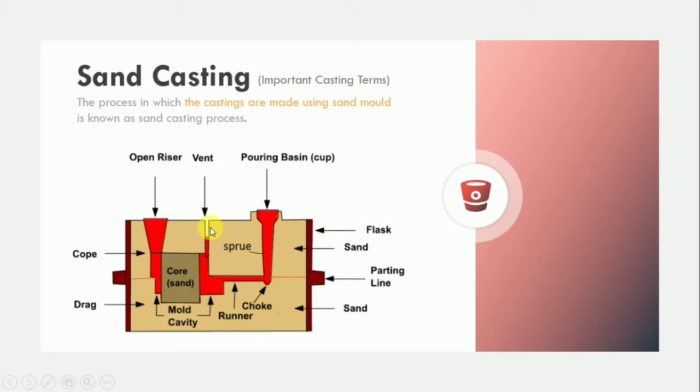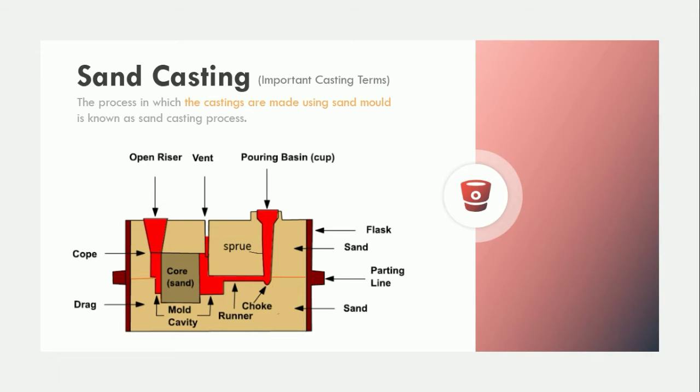Then here you have vents. Vents are narrow holes connecting the cavity to the atmosphere, which allow gases and air in the cavity to escape. Further, you have the core over here, which is usually made up of sand. Many parts have interior holes or hollow parts or other cavities in their shape.